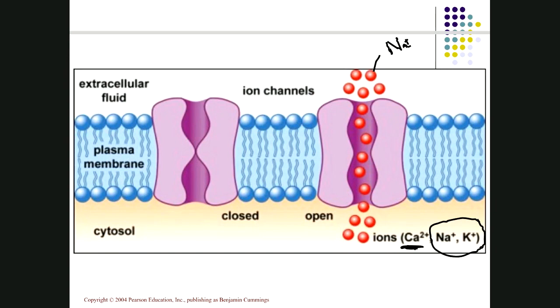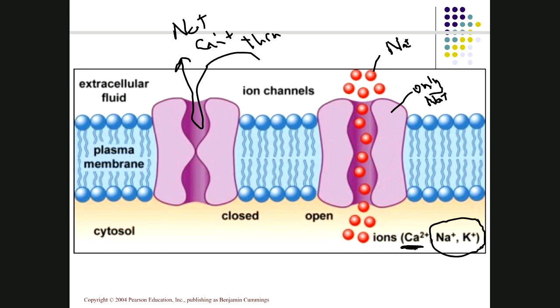So if this is sodium, then only sodium can go through this channel, not potassium. And when it's closed, sodium cannot go through. It can't cross the membrane because it can't make it through here. It's not until the channel opens that the ions can move. And something is going to cause this channel to open.